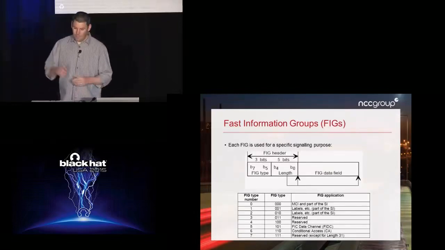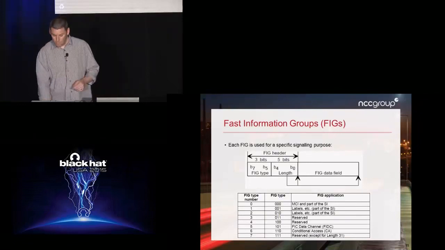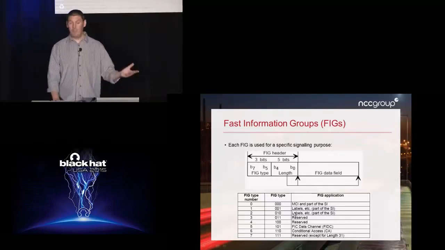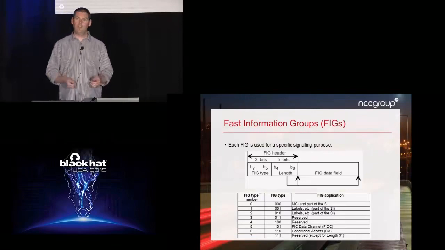There are numbers associated with these fast information groups, which represent the type of them. So, for example, some of them are for labels. Labels are things like when you tune to a channel on your DAB radio and it tells you the ensemble name, so the group of channels.